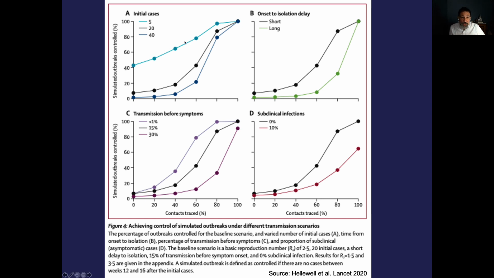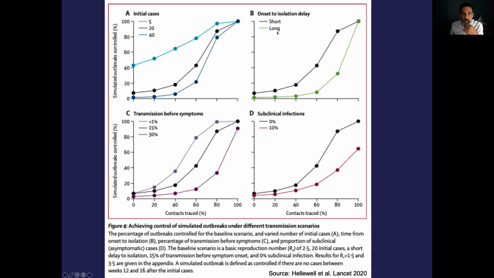Whereas if you move all the way out to 100% of the contacts being traced, nearly all of the outbreaks would be controlled in that situation. And as you increase the number of initial cases, you have to trace a higher proportion of contacts in order to successfully control the outbreaks. Ultimately, if you can get 100% or near 100%, you'll be able to control most of the outbreaks, regardless of how many initial cases there are.